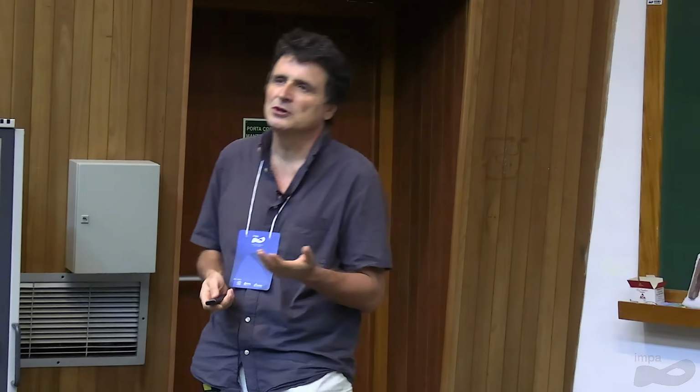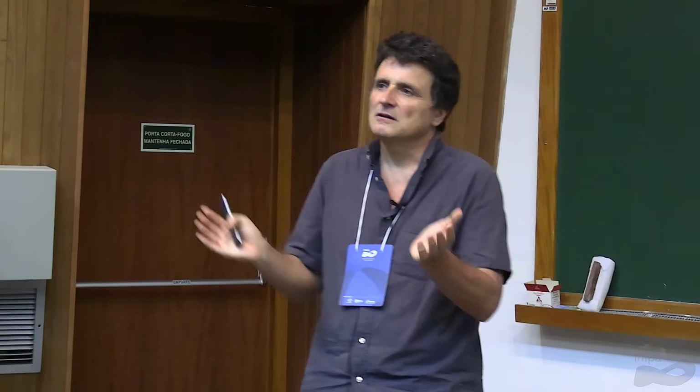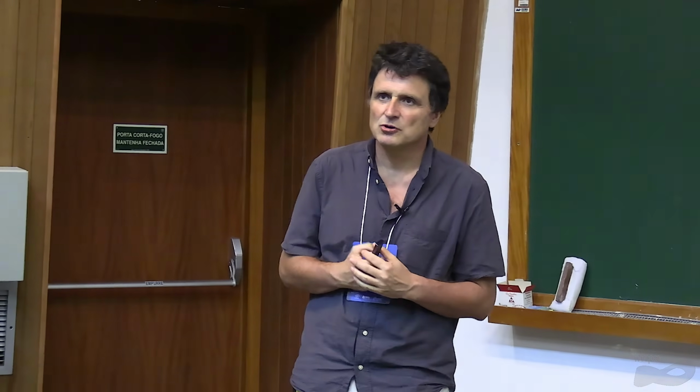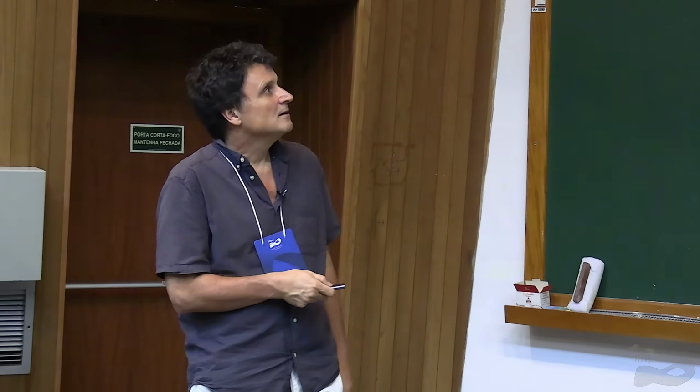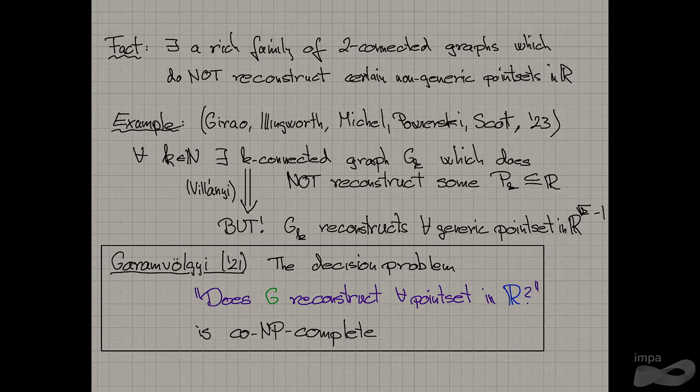This is just to convince you that this family is interesting. It has interesting elements and broad graphs. In fact, Garamvölgyi showed that the decision problem is difficult. It's going to be coNP-complete to decide whether a graph reconstructs every point set in R or not.